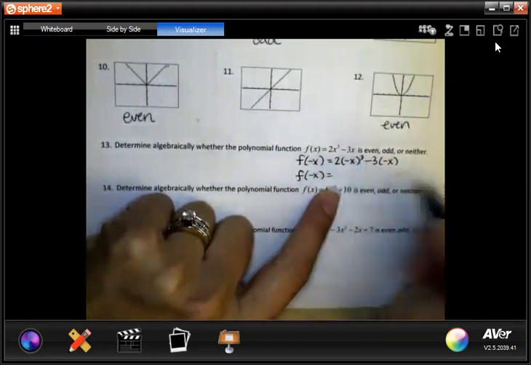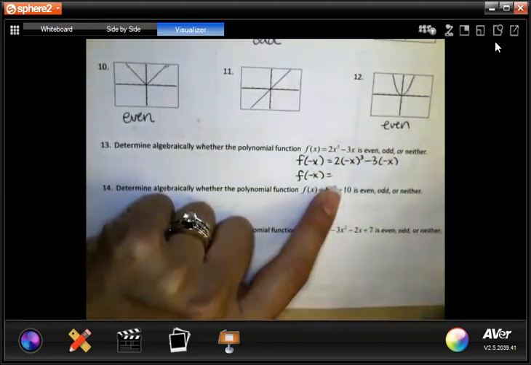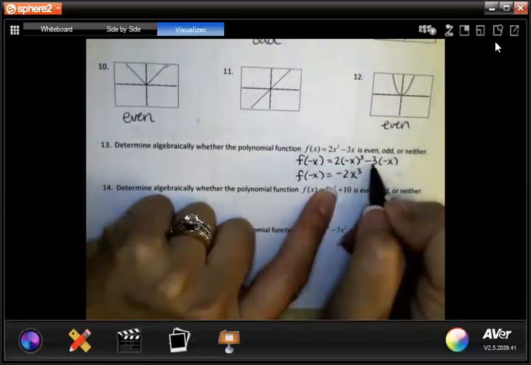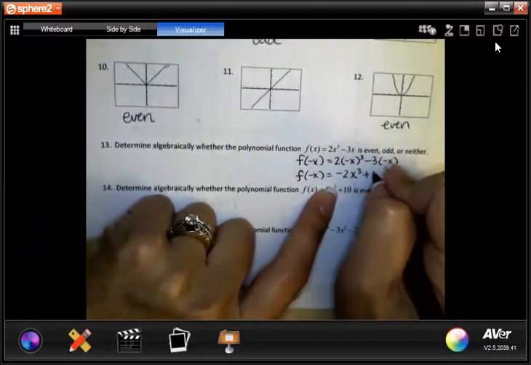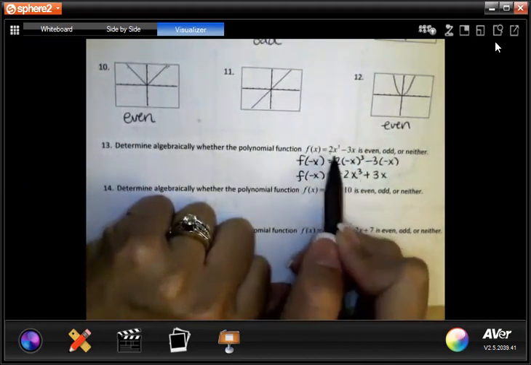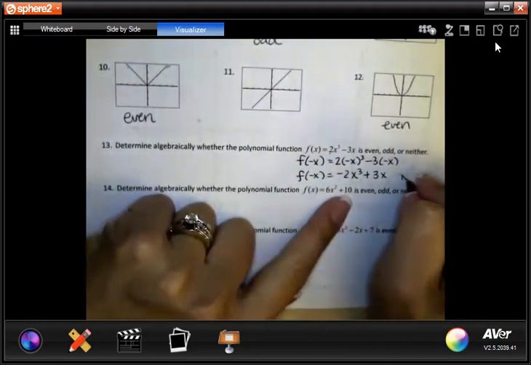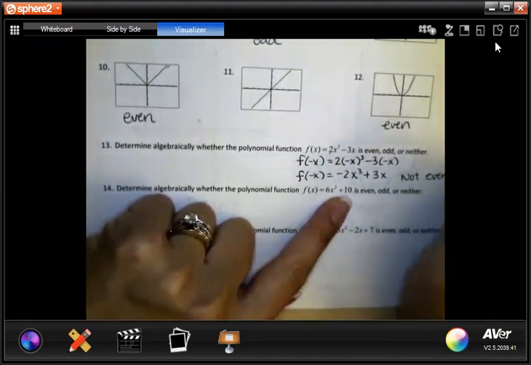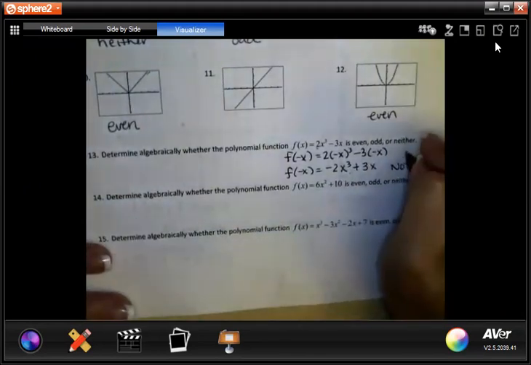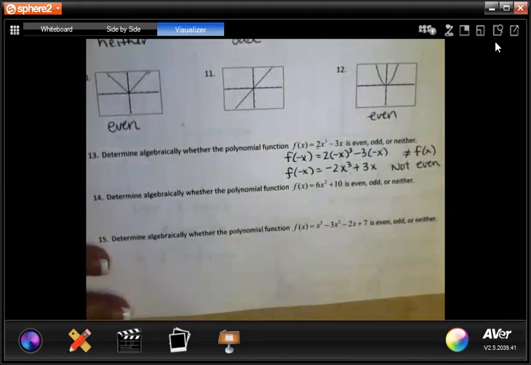Negative x cubed, remember, a negative times a negative times a negative is a negative, so we get negative 2x cubed. And a negative 3 times a negative x gives us a positive 3x. Now, those two are not the same, so we know that it is not even. That is unequal to f of x.